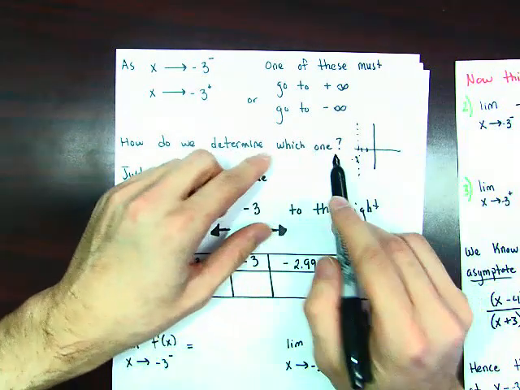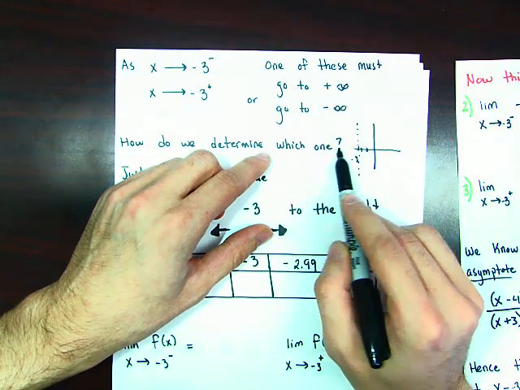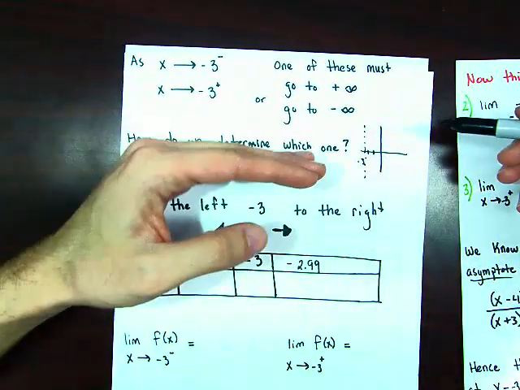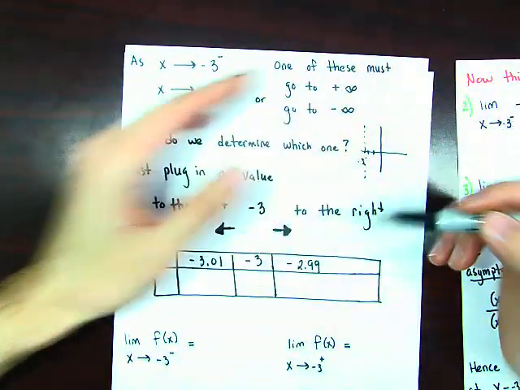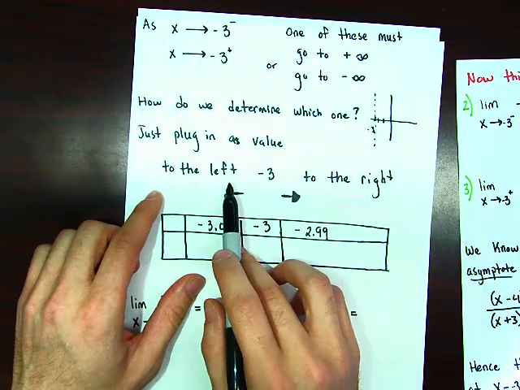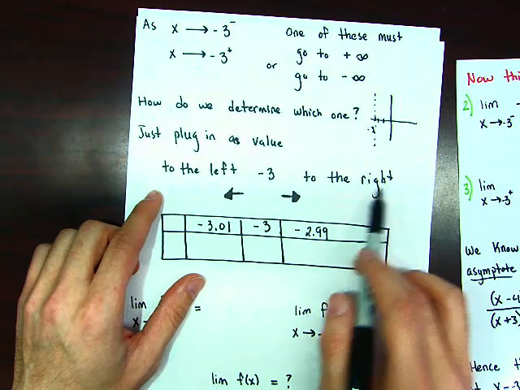And the same idea going from the left, it has to go to positive infinity or negative infinity. But how do you determine which infinity it goes to as it approaches -3? The idea is, all we need to do is just plug in a value to the left of -3 and to the right of -3.